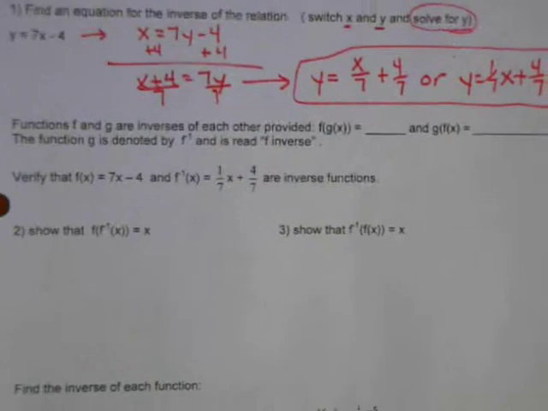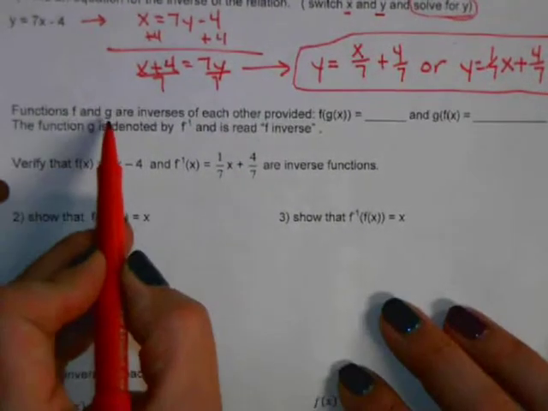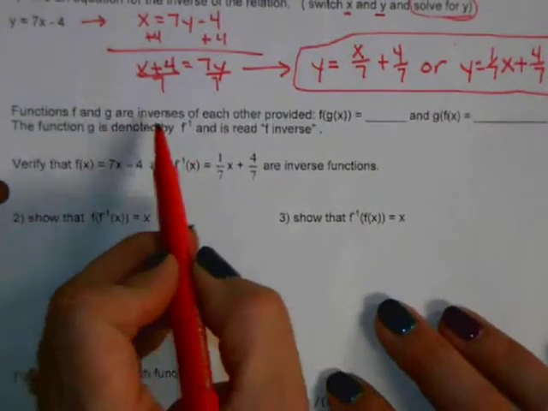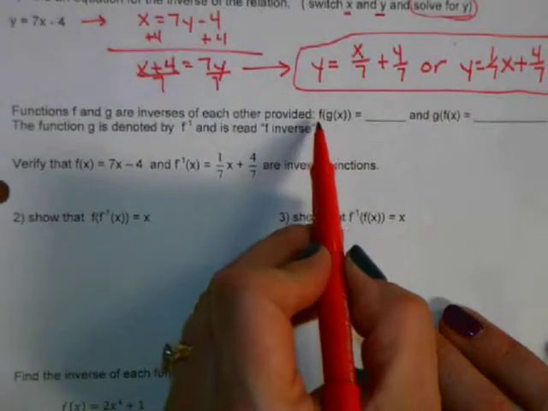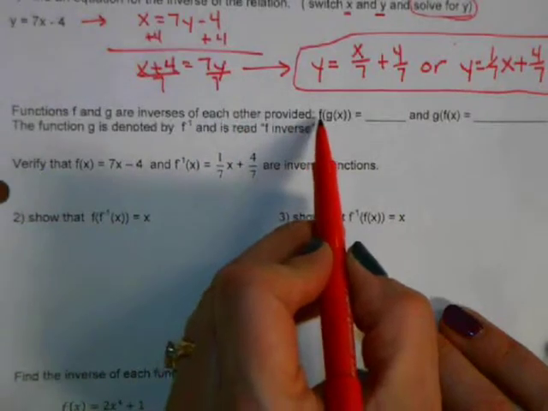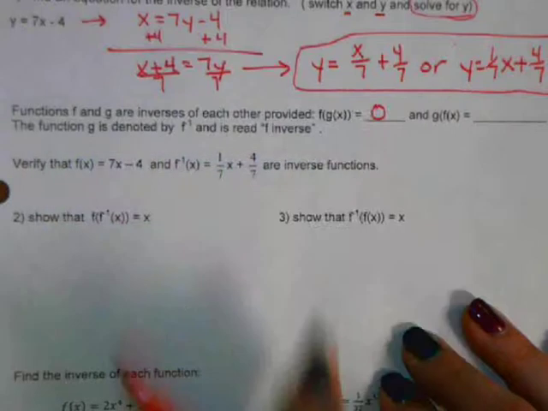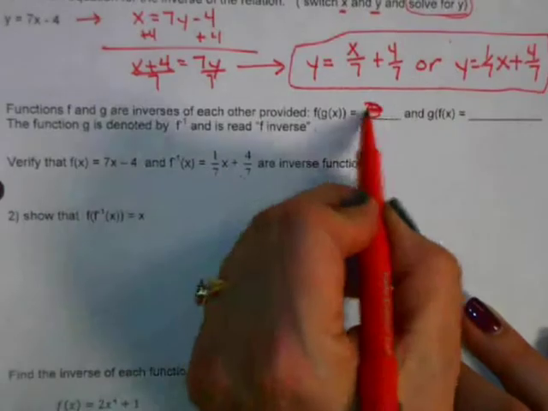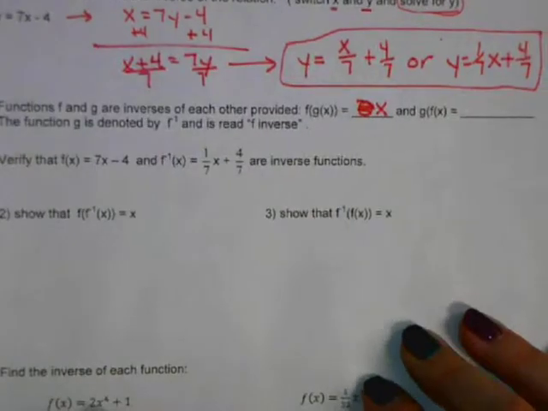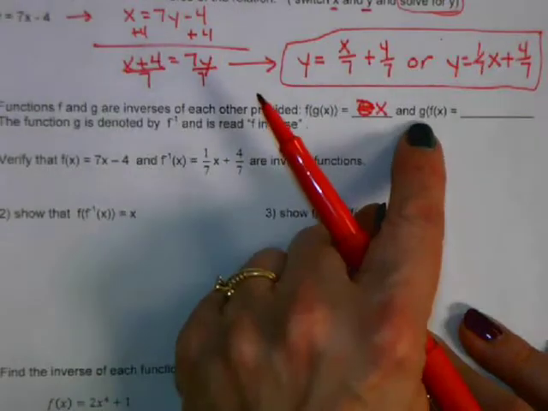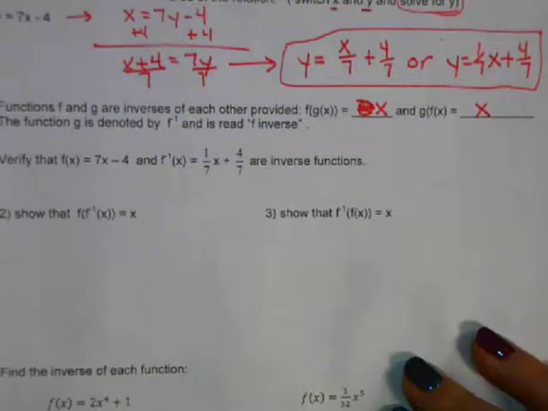Okay. Functions f and g are inverses of each other provided that when you compose them, if I took f of g of x and simplified, it would equal x. And on the flip side, if you took g of f of x, that would also equal x.